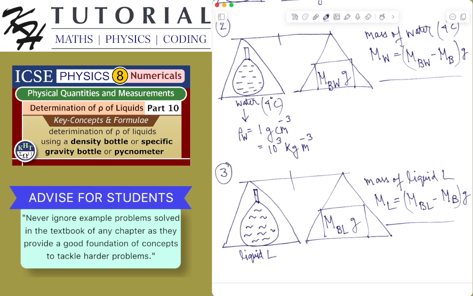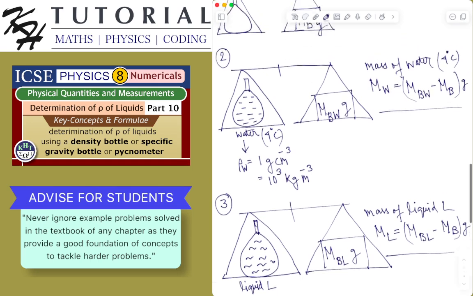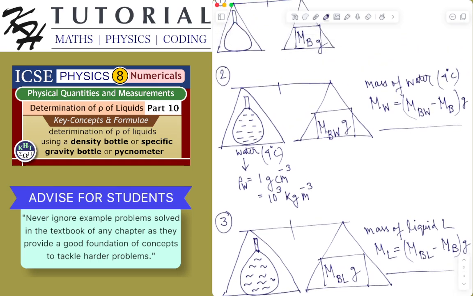Let's say we do not know the capacity. How do we, from these steps, find the volume of the density bottle? We can find it from the mass of the water, that is MW. Why?